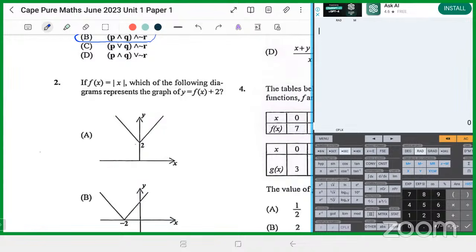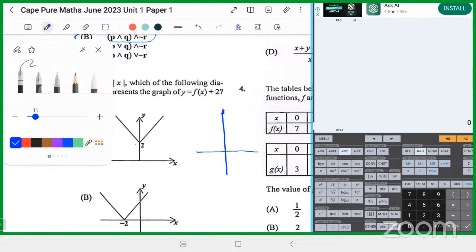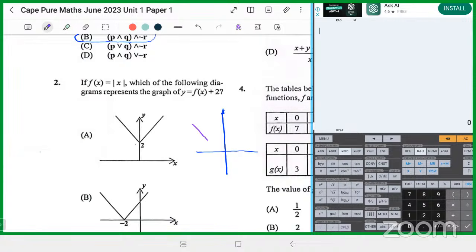I'm just going to do a quick sketch of what happened. You have the y-axis, the x-axis, and let's use colors. I'm going to put purple for the modulus of x, which is this one. And then this plus 2 means that you slide it up 2 units.